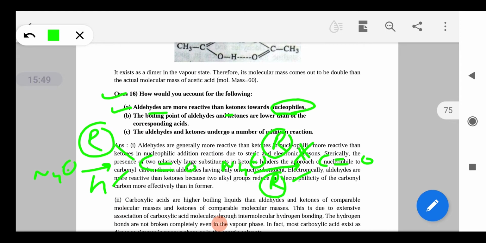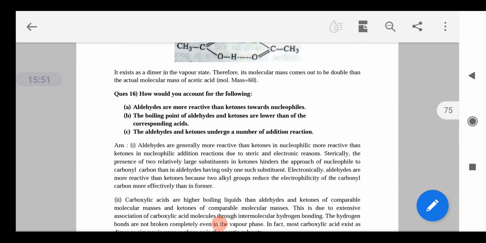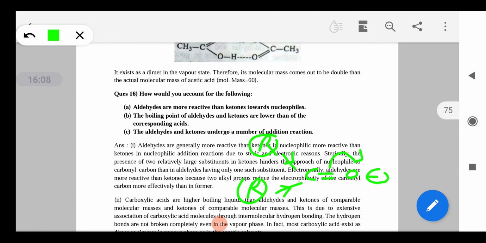And another reason you can write like this, that in case of ketones, two alkyl groups are there with plus I effect, electron releasing effect. You got it? That is why the electrophilicity of the carbonyl carbon decreases. It means the plus charge on the carbon decreases, because electron supply is increasing from here, there are two alkyl groups.